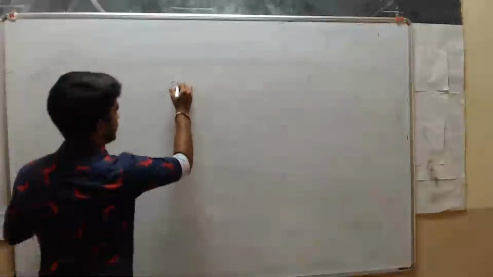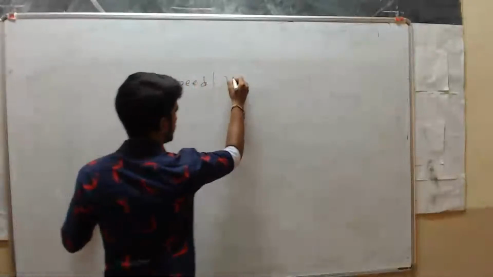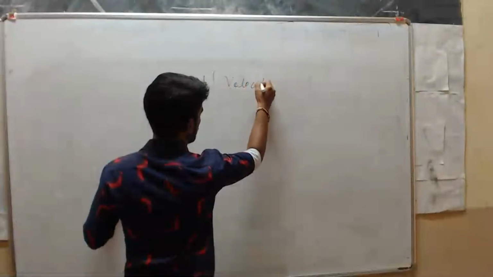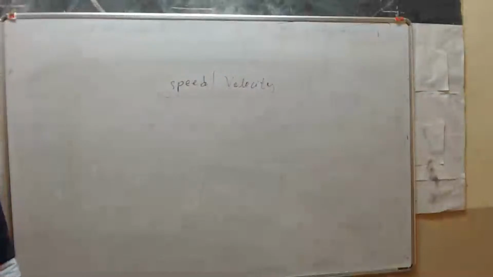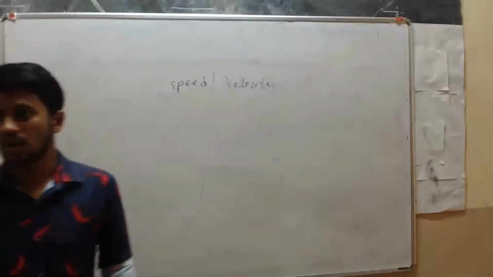So, speed and velocity. Okay, see here first. Speed is the distance covered by an object in a given time. Then velocity is the displacement covered by an object in a given time.